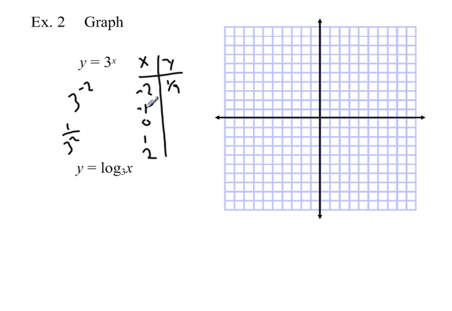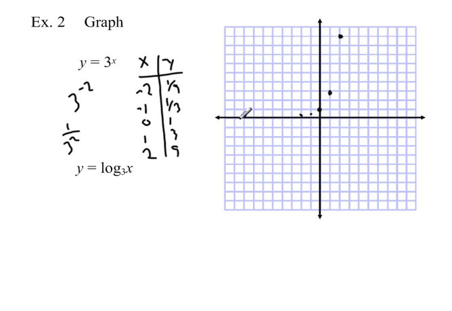3 to the negative first would be 1 over 3 to the first, which would be 1/3. 3 to the 0, anything to the 0 power is 1. 3 to the first is 3, 3 to the second is 9. So let me plot those points. So -2, 1/9, -1, 1/3, 0, 1, 1, 3, and 2, 9.